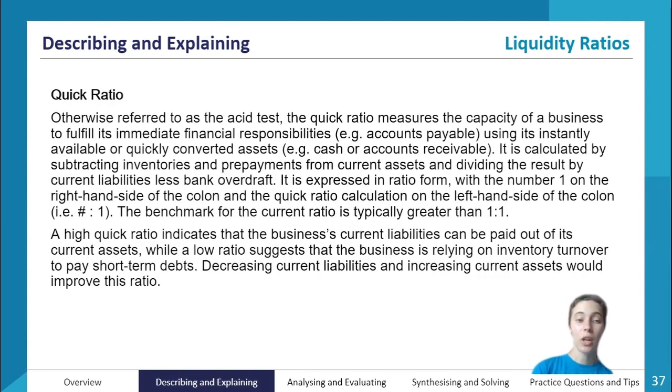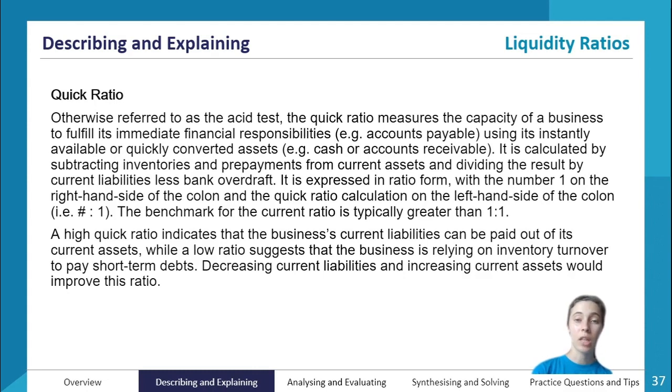The quick ratio, also called the acid test, measures the capacity of a business to fulfill its immediate financial responsibilities, things like accounts payable, using the assets that are available really on hand.